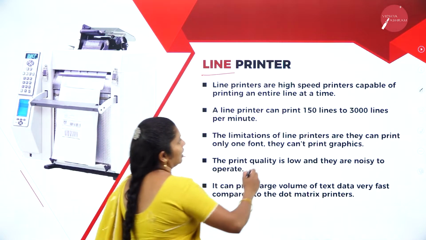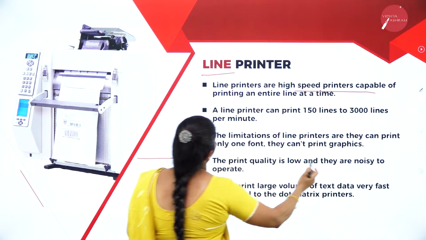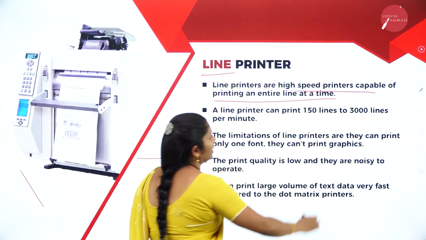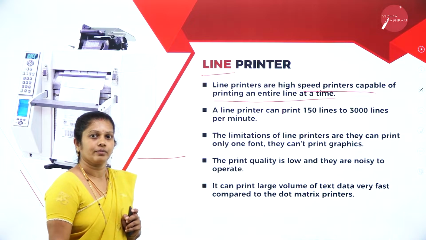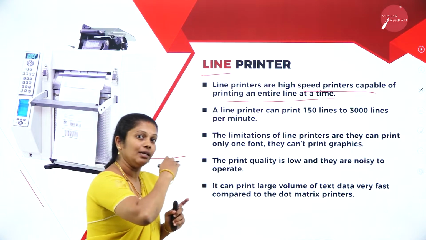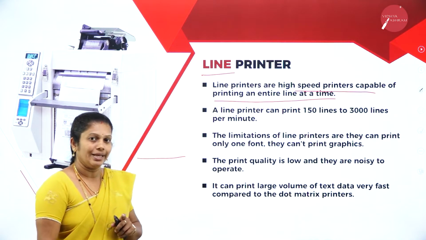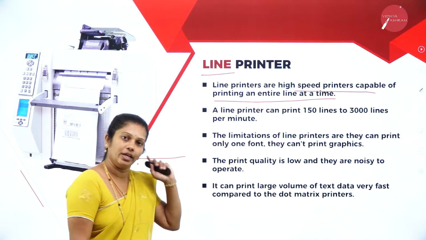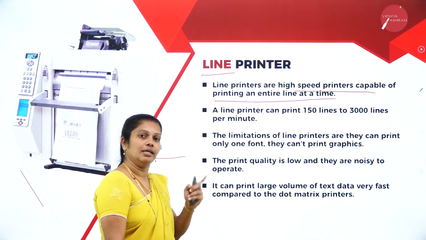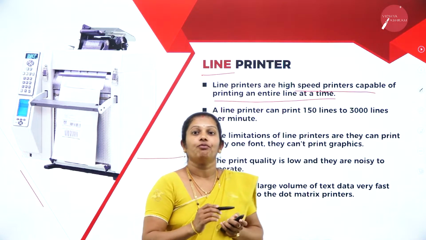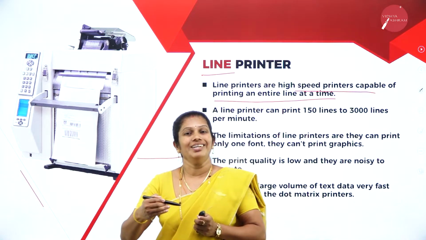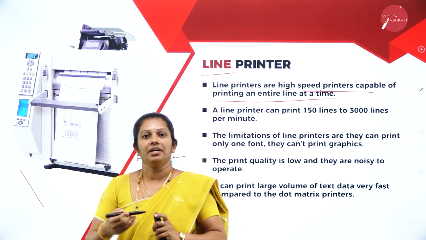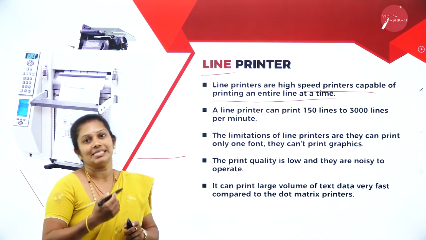Line printers are high-speed printers capable of printing an entire line at a time. The quality is also very low here, and it is also very noisy. Different colors are not possible. Different fonts are not possible. But maintenance is very easy here.